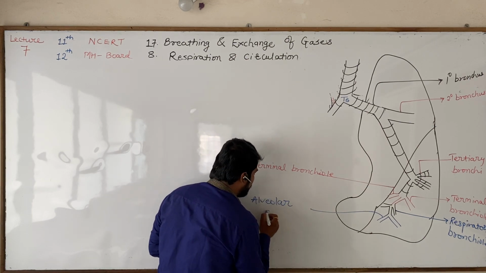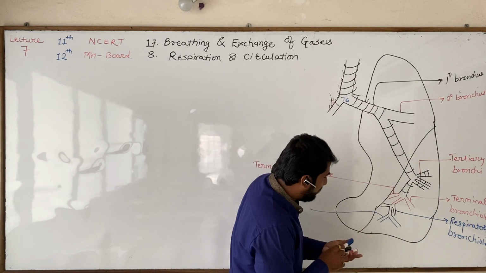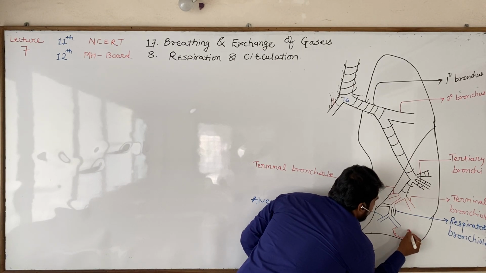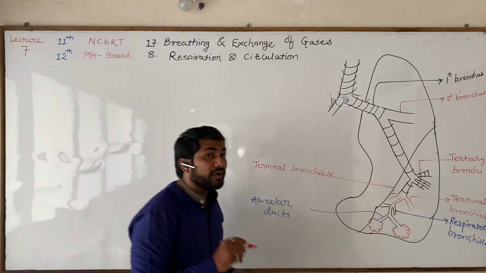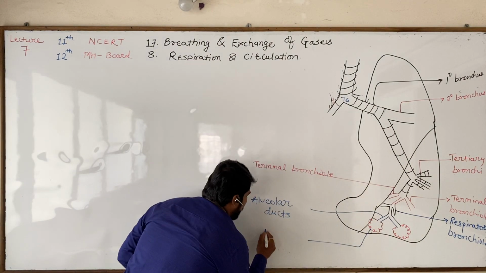And alveolar ducts turn into alveolar sac. So finally there will be an alveolar sac. And alveolar sac consists of alveoli.